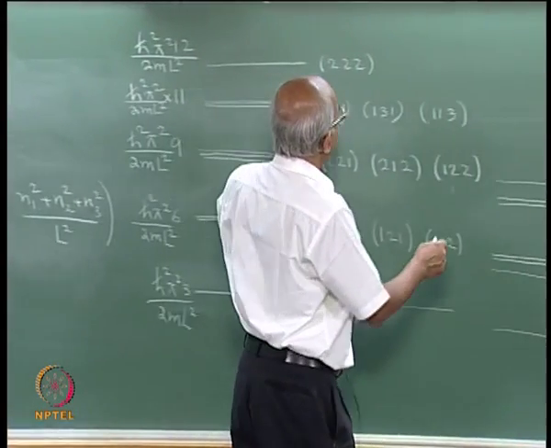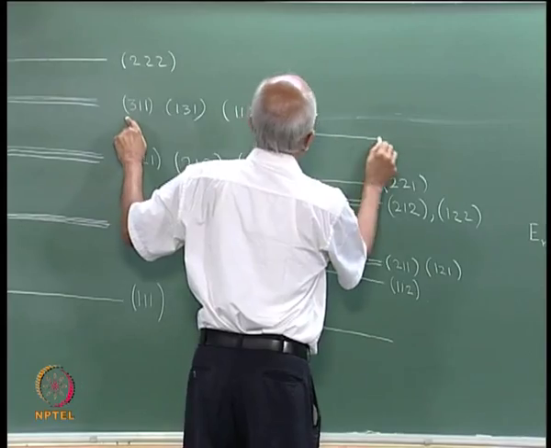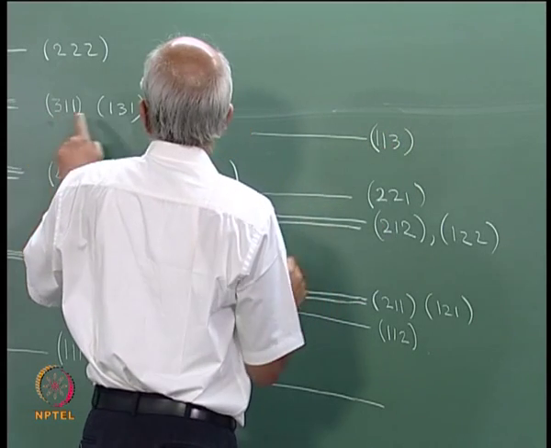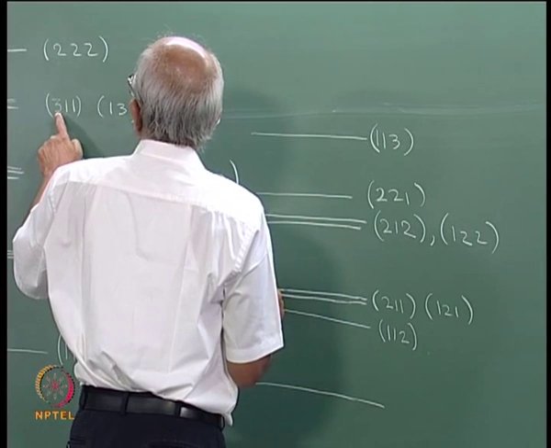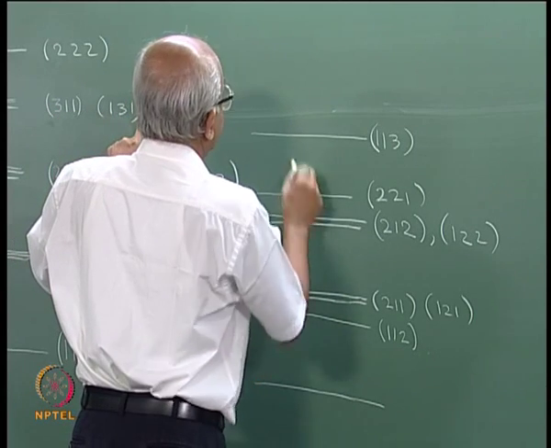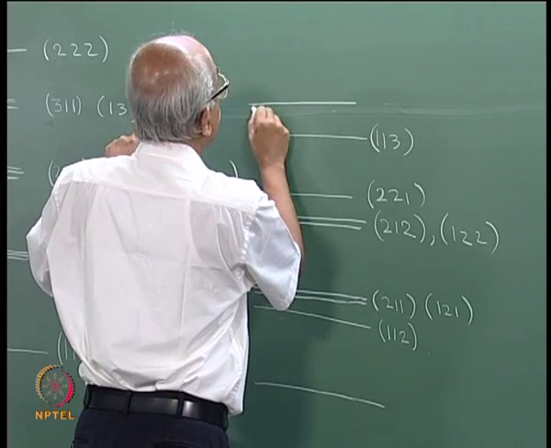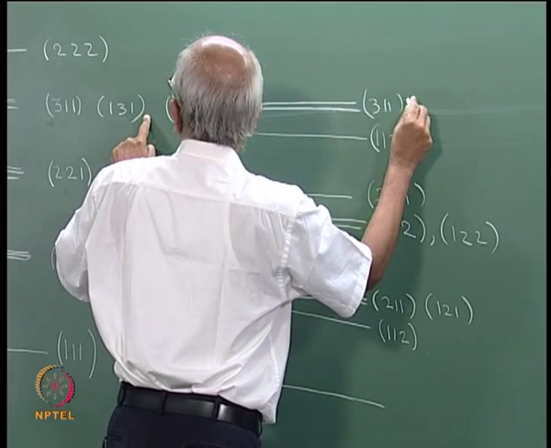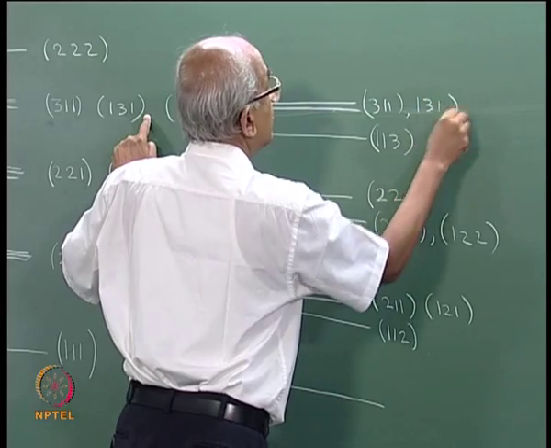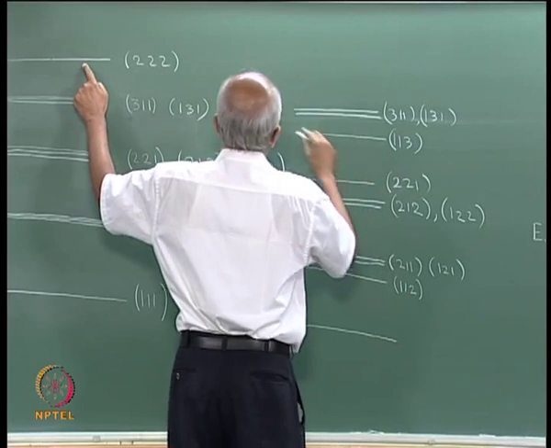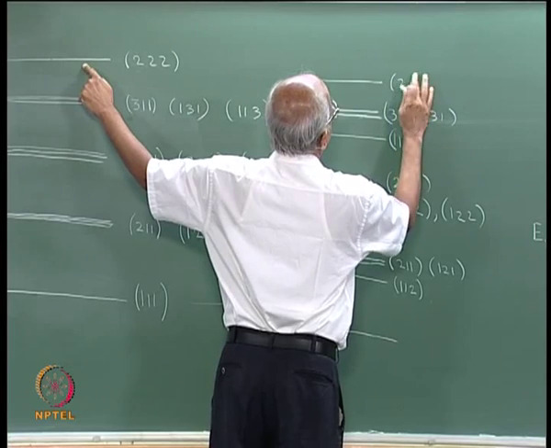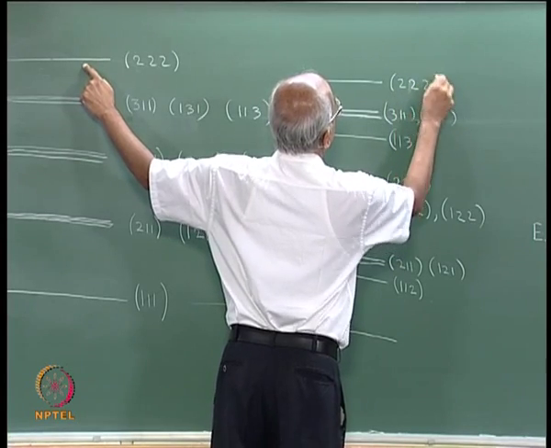Similarly, here too 113 would have an energy that is lower than either 311 or 131. And finally, of course, 222 is there, but there is only one state, and therefore there is no splitting up.